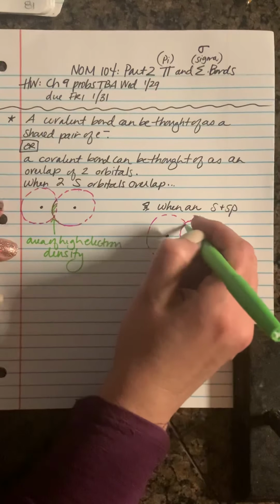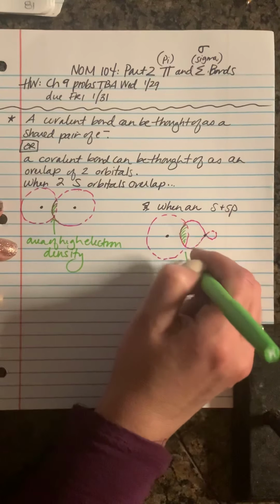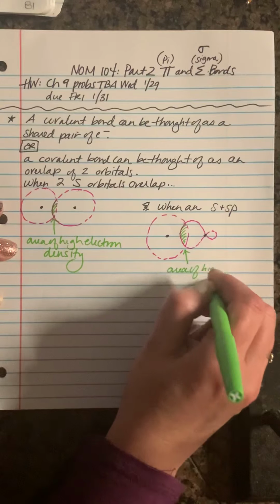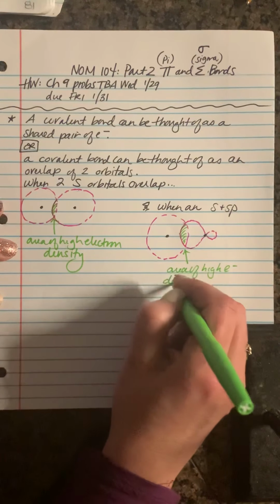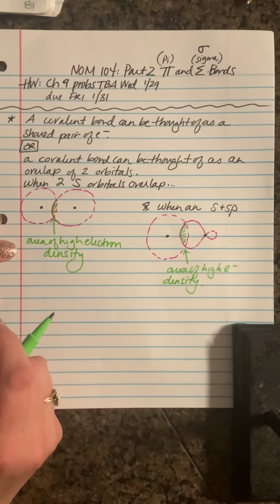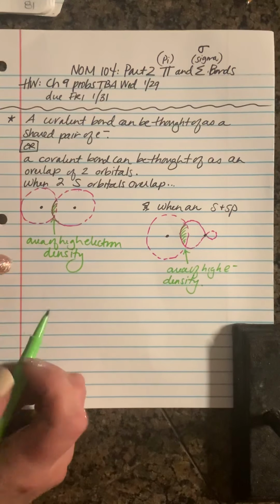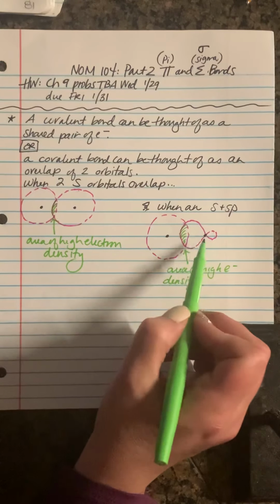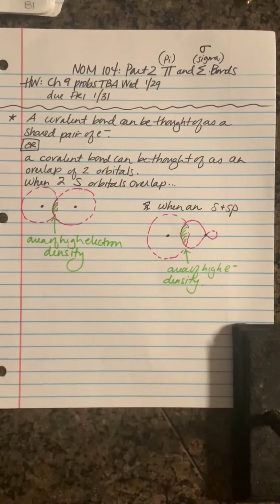So the area of high electron density again is at the middle there.